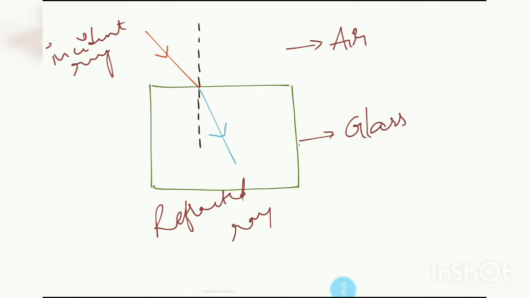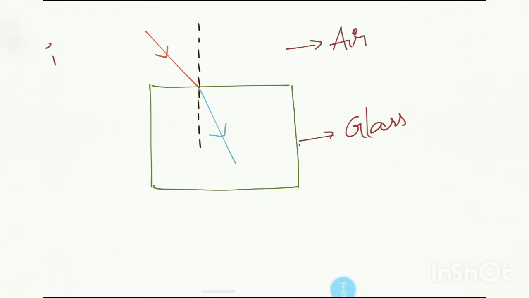So when a ray is incident and moves into the glass slab, what is happening? This ray of light is moving towards the normal. This dotted line is normal. This blue line is moving towards the normal. That is, the refracted ray is moving towards the normal. Why is it moving? Due to some reasons, and we will learn those reasons further. So this phenomenon is nothing but refraction.